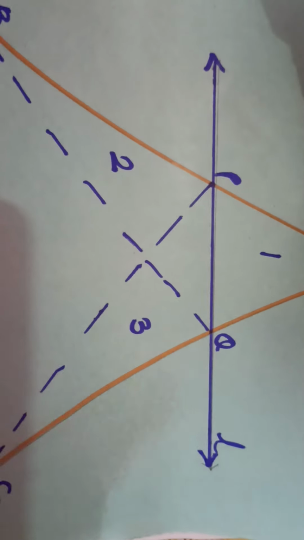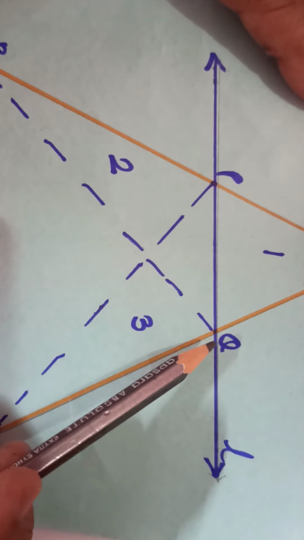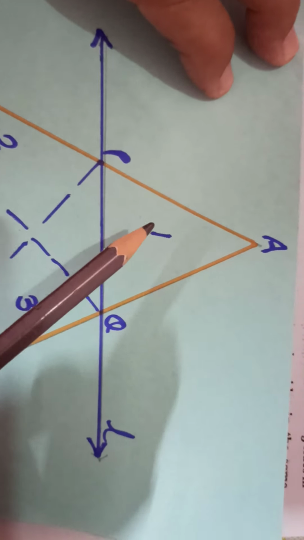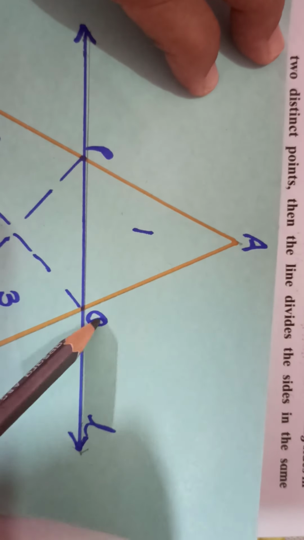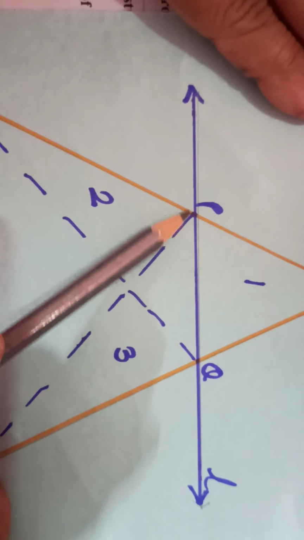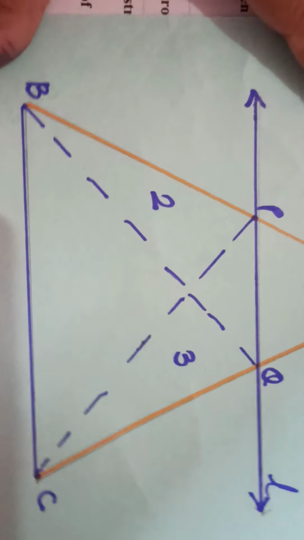To start the proof of this theorem, in construction, draw segment PC, join P and C. Here also I have joined P and C, and joined BQ. Now let us call triangle APQ as triangle 1 and triangle PQB as triangle 2.